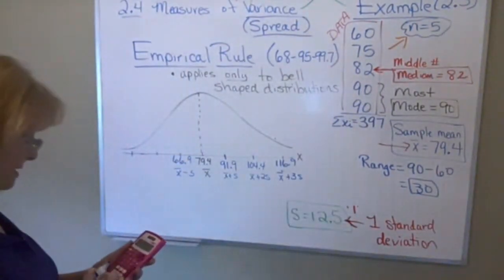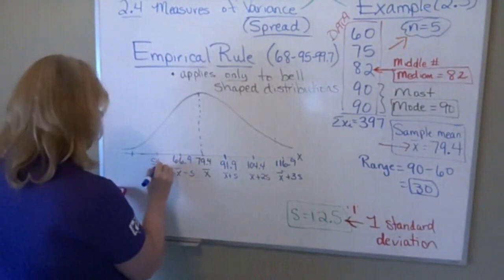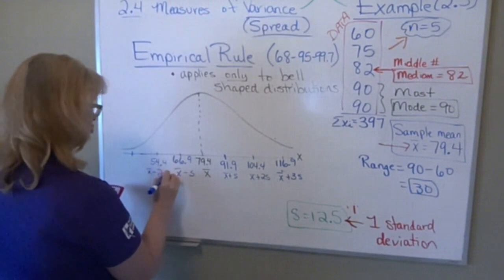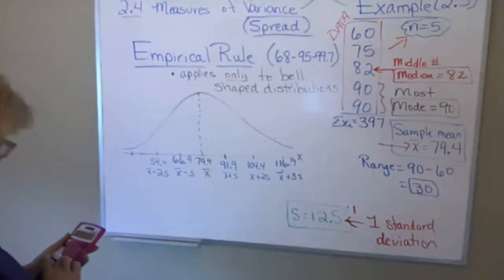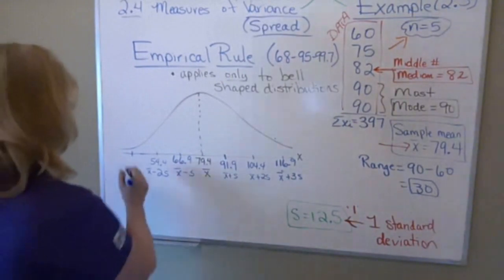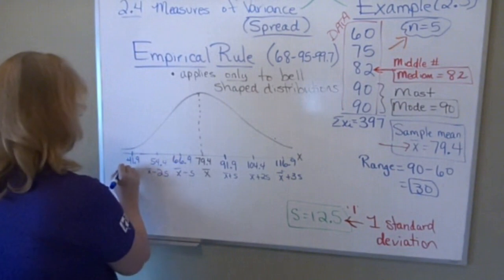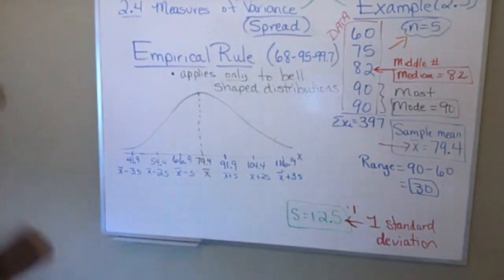And then I'm going to subtract another 12.5, and that gives me 54.4. That's the mean minus 2 standard deviations. And then if I subtract another 12.5, that's 41.9, and that would be x bar minus 3 standard deviations.